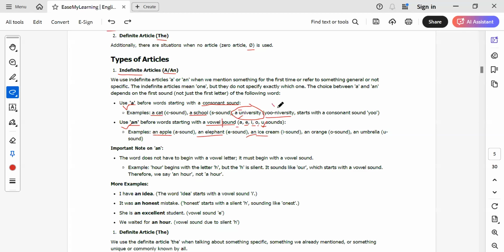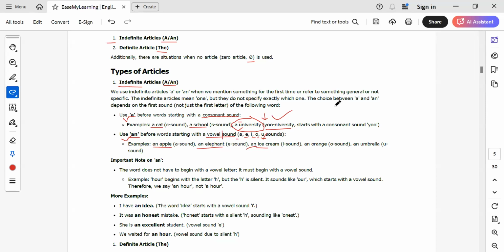So that is the reason why we start it with a. Even though it starts with a vowel, the first letter sounds like it starts with Y, which is a consonant, which is not a vowel. That's why we write a university, not an university. This is a slightly complicated rule in English, which will become clear to you once we go ahead.